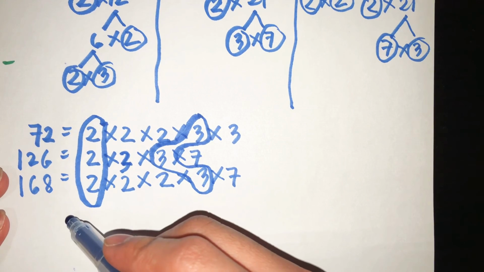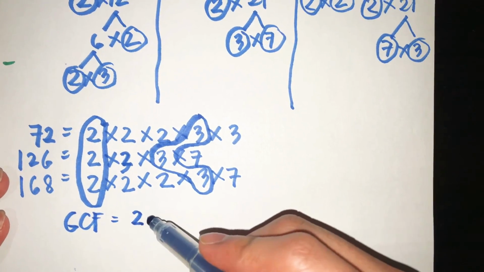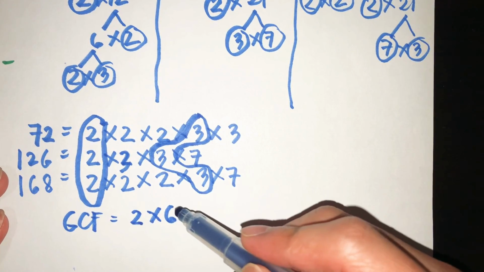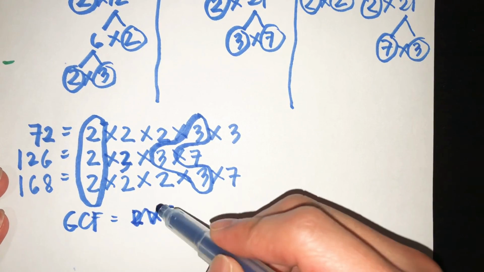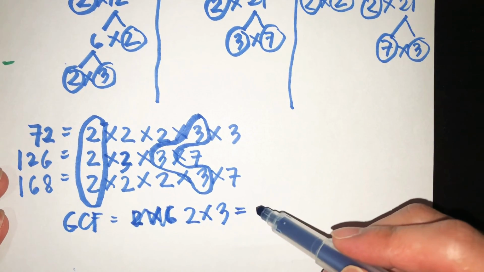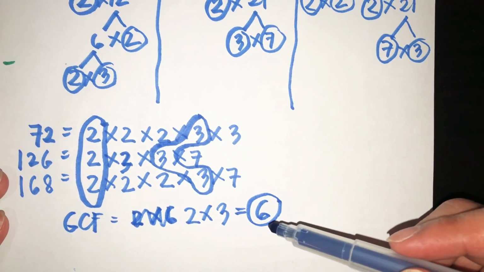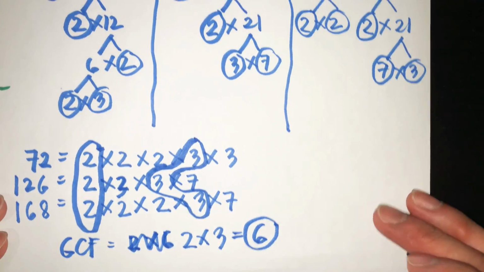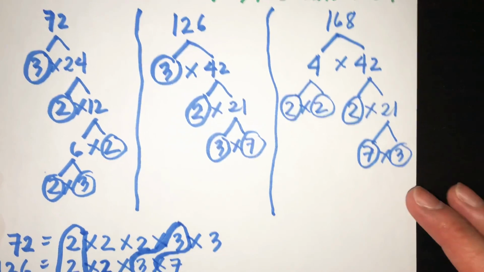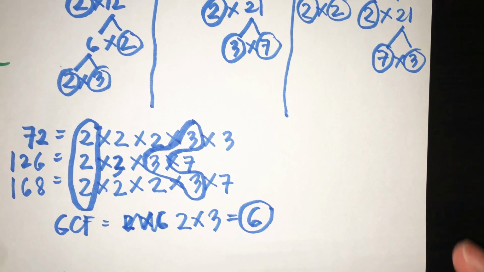So the GCF or HCF now is equal to 2 times 3, which is equal now to 6. So meaning the highest common factor for these three numbers, 72, 126, and 168 is 6. Okay? You understand?